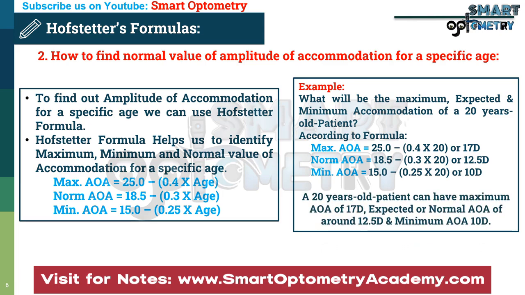So a 20 years old patient can have maximum amplitude of accommodation 17 diopter, expected or normal amplitude of accommodation around 12.5 diopter, and minimum amplitude of accommodation 10 diopter.